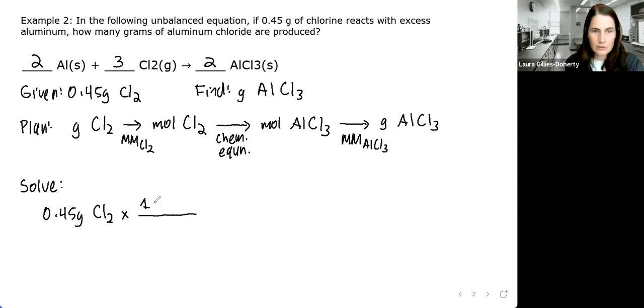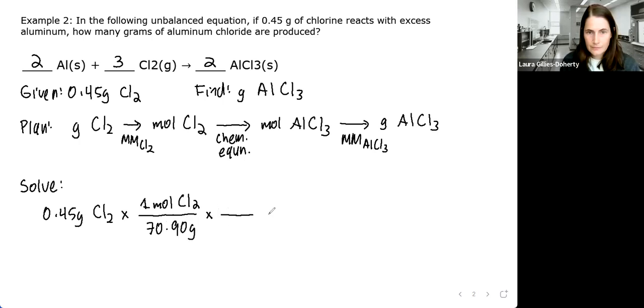So 1 mole of Cl2 is the mass of 2 chlorine atoms. So make sure you multiply by 2. 35.45 times 2 is 70.90 grams. Then from our balanced chemical equation, for every 3 moles of chlorine that react, we make 2 moles of aluminum chloride.